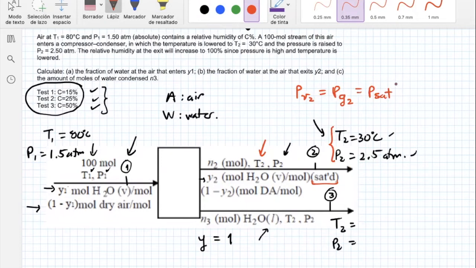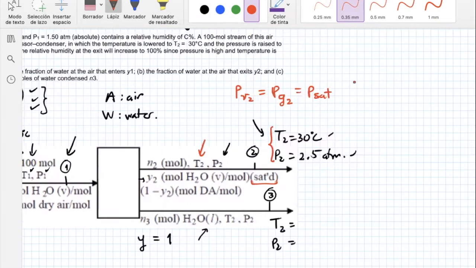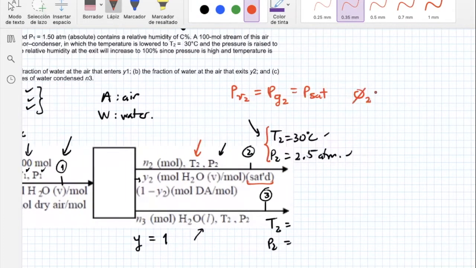So when phi at 2 equals 100%, by definition PV divided by PG is 1, therefore vapor pressure and saturation pressure are the same. That's what they are telling you.